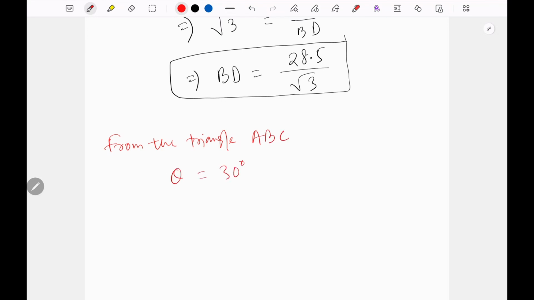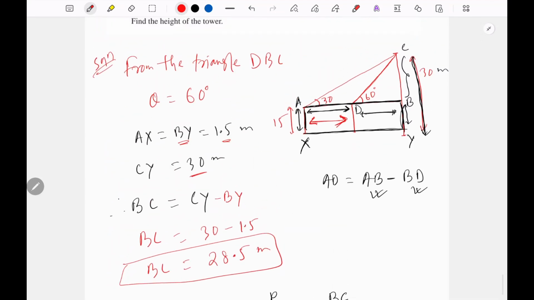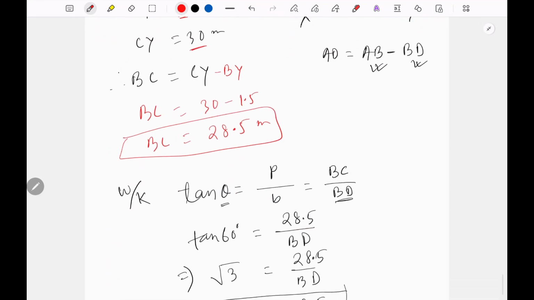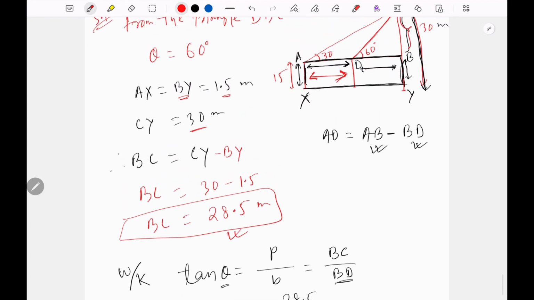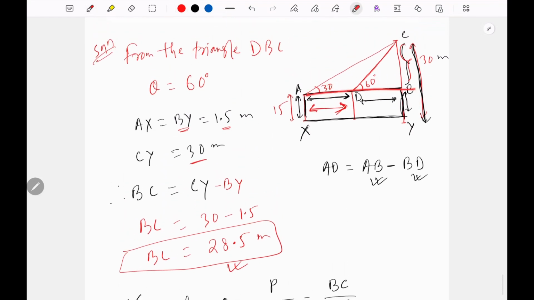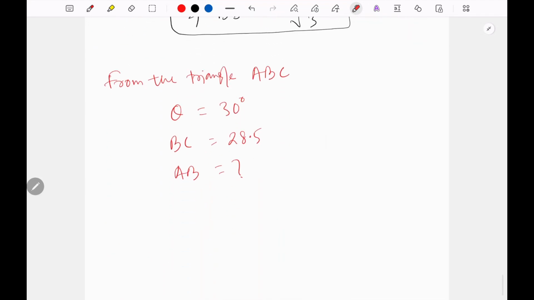Theta equals 30 degrees, and BC equals, again the same, BC is 28.5. We will find the value of AB, this total length. If we find this AB, then we know the value of BD, so we will subtract this and then we will get our answer.